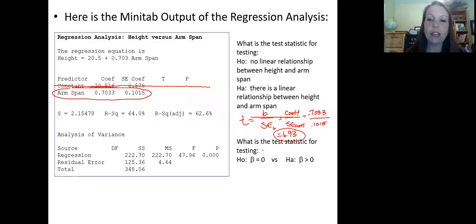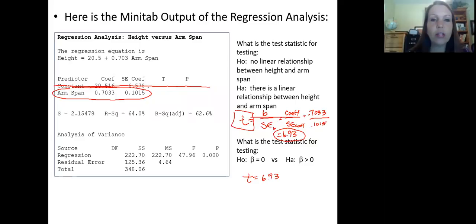Now the second question says, what's the test statistic for testing beta equals 0 versus beta greater than 0? Remember that this test statistic is the amazing 3-for-1 special. Same test statistic, so T equals 6.93.